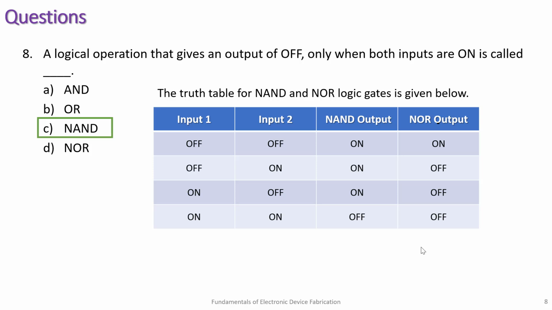Not everyone might know AND and OR. With AND, both inputs on means output on, and NAND is the opposite, so it will be off. For NOR, whatever we have in the truth table for AND and OR, you should just reverse it, and you will get the NAND and NOR output tables. Is that clear?